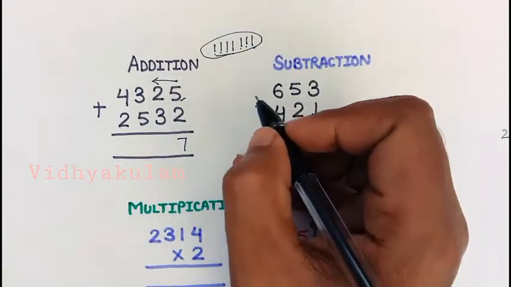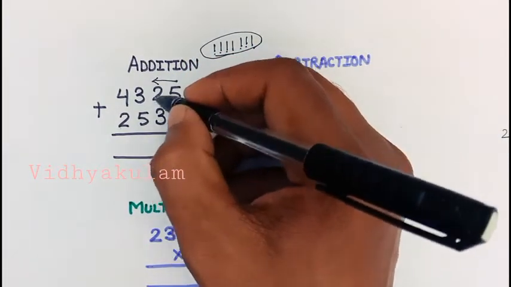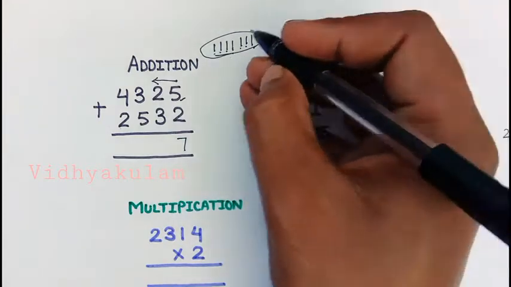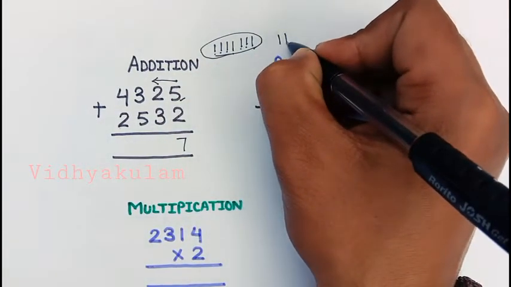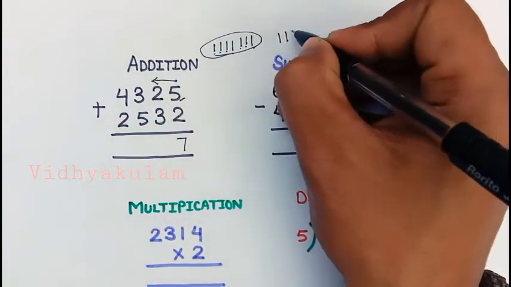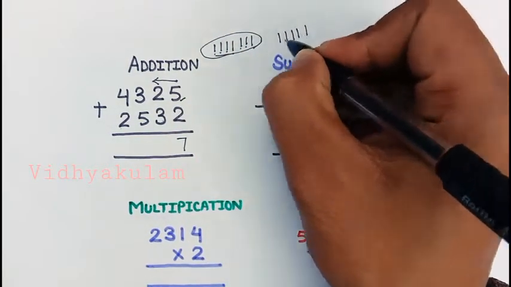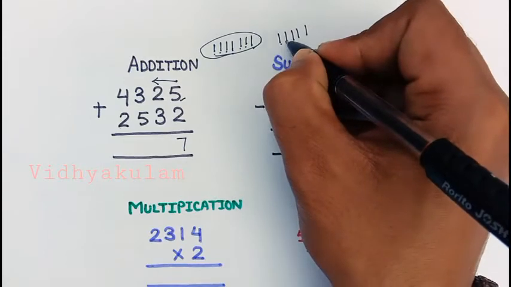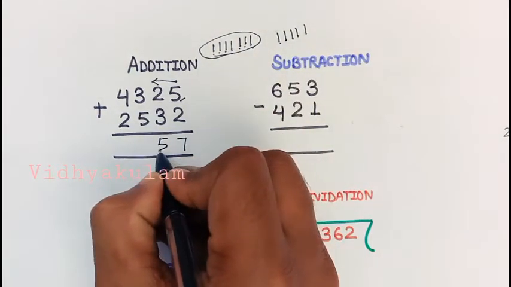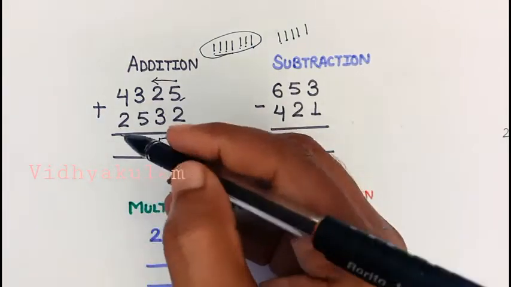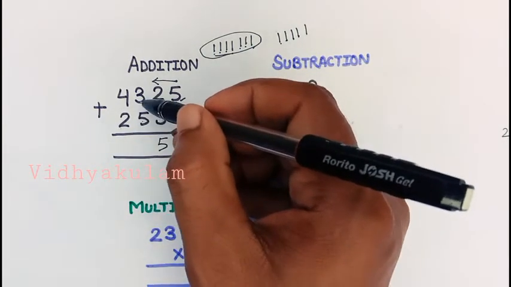Okay. Now we want to add 3 to 2. What is our step? First draw 2 lines, 1 and 2. Next, 3 more lines: 1, 2 and 3. Count them all together: 1, 2, 3, 4 and 5. So here we will write 5. Okay. Now we want to add 5 to 3.